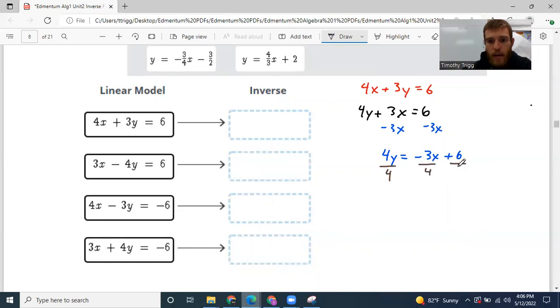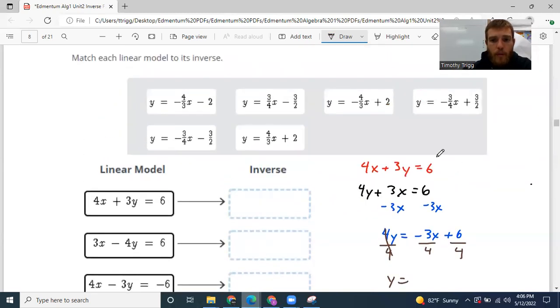Divide this by 4, divide this by 4. So it'll be y equals negative 3/4 x plus 6 over 4. 6 over 4 can be reduced to 3 over 2. So this is going to be our first one here. This one goes right there.